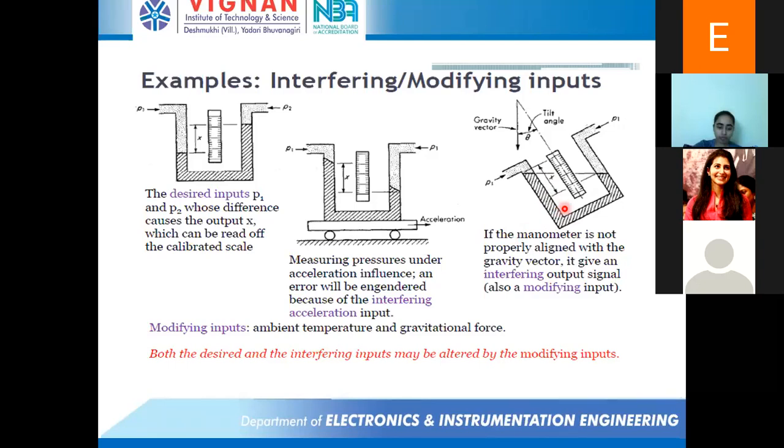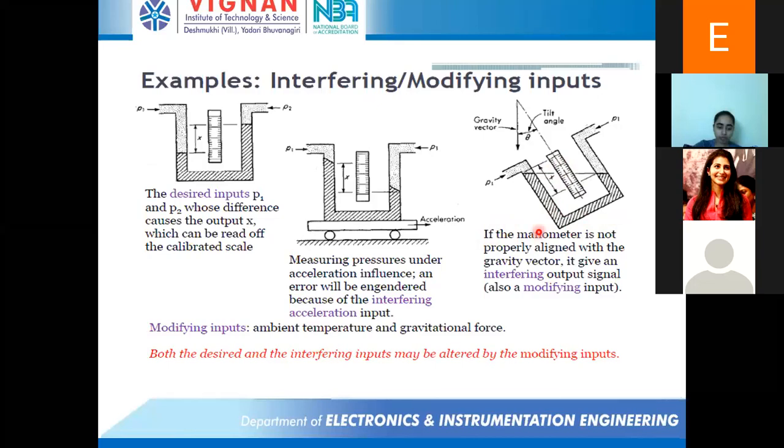Because of this, there is an output h, even though P1 and P2 are equal. Even though the pressures are equal, the output should be 0, but because of not properly aligning with the gravity vector, it gives some output h. So you can say that this gravity alignment is also an interfering input.